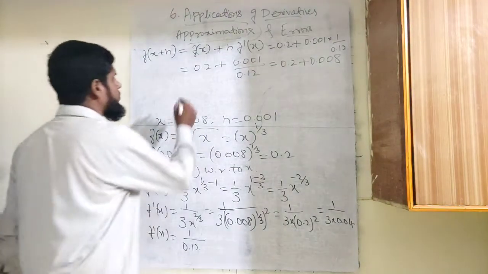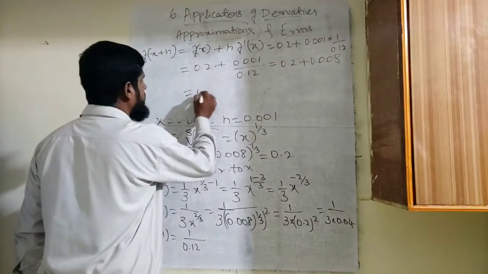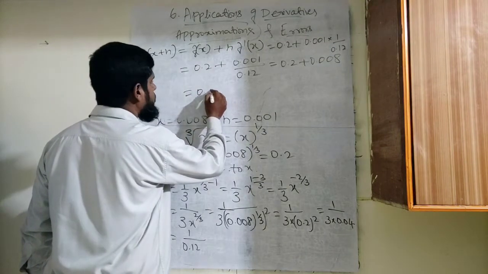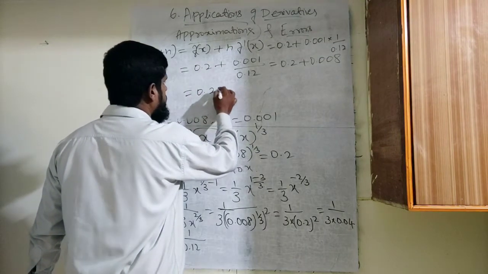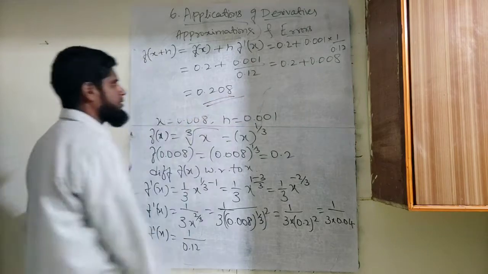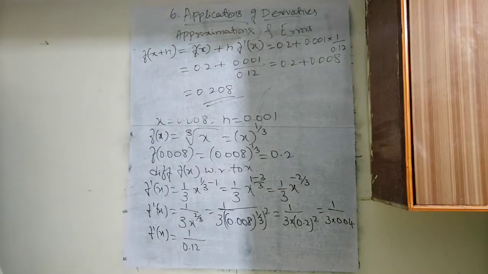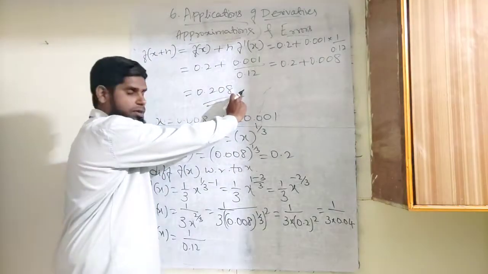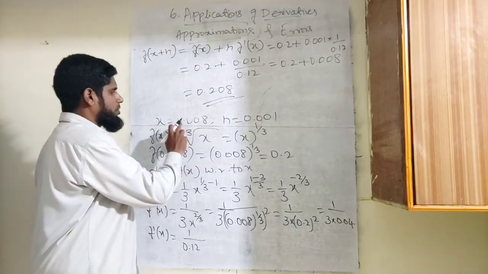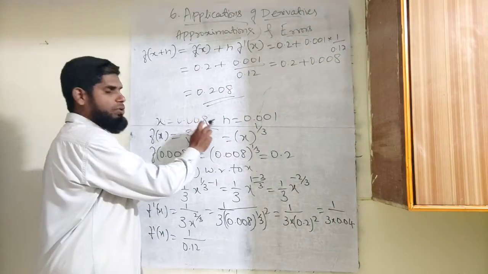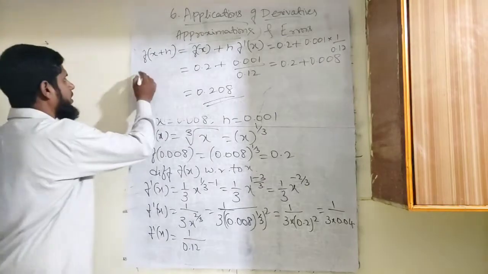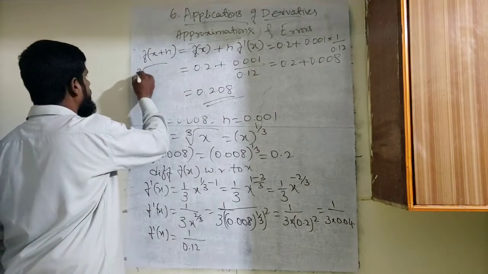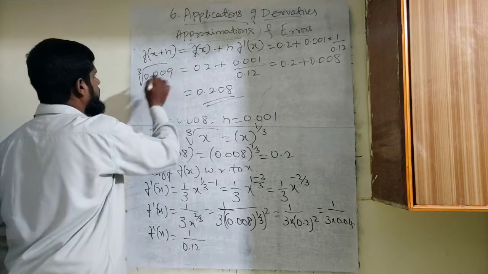So finally it is 0.208. This is the approximate value of the function cube root of 0.009.